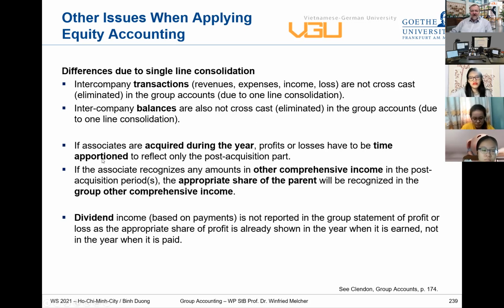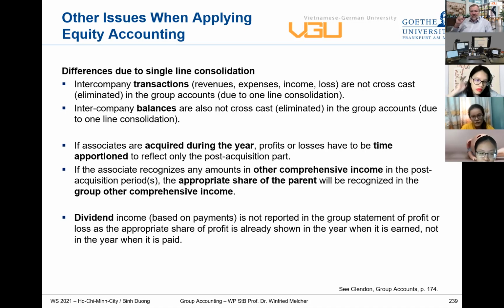So if an associate is acquired during the year, then profits and losses have to be time apportioned. That is also something that we have to look at when a parent acquires another company that is an associate.